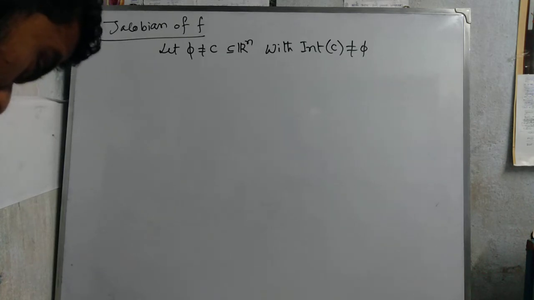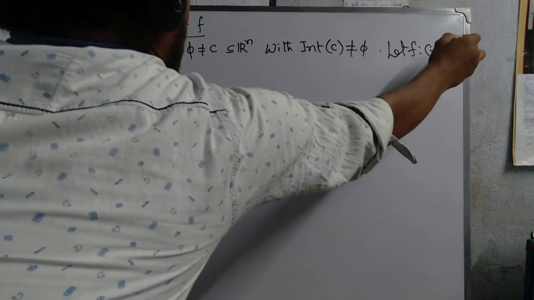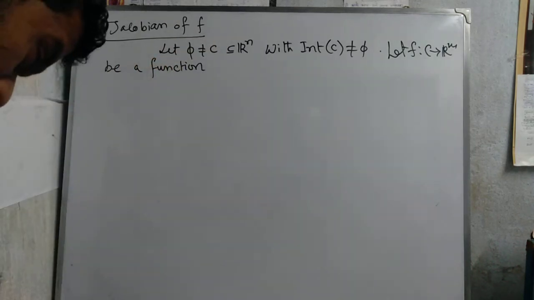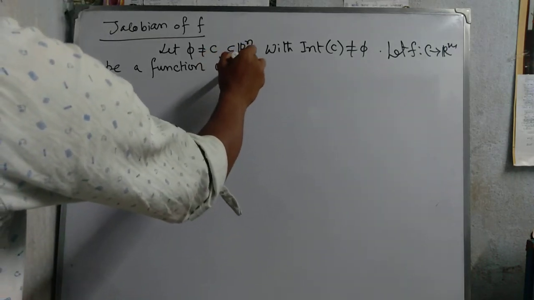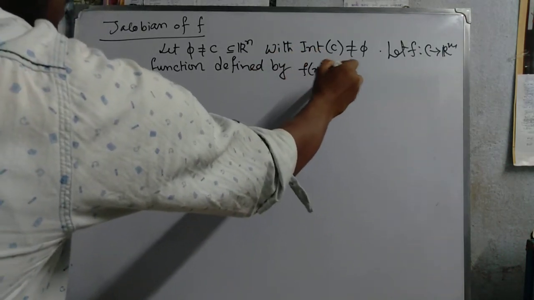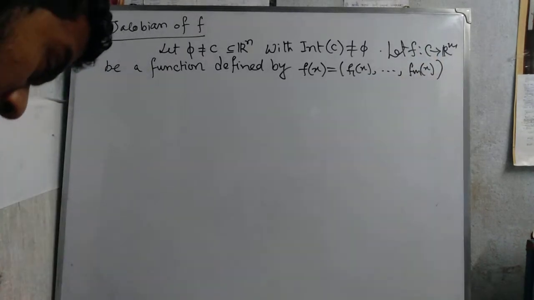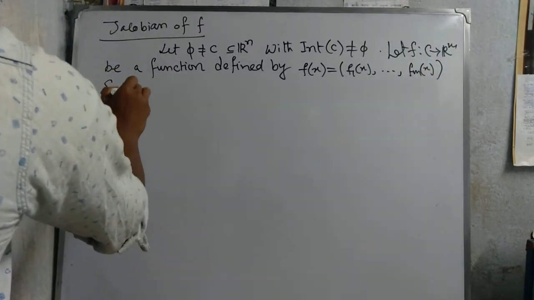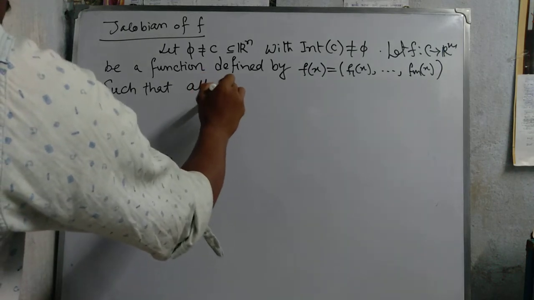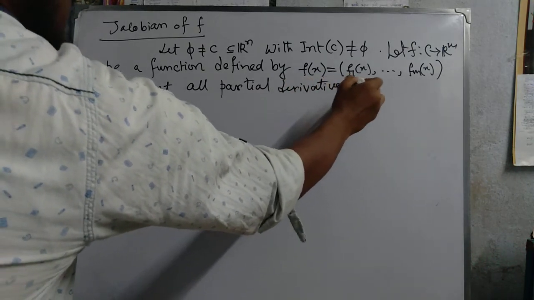Let f: C to R^m be a function defined by f(x) = (f1(x), ..., fm(x)) such that all partial derivatives of f exist.